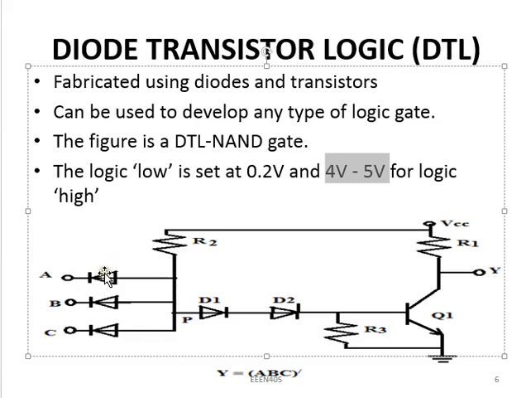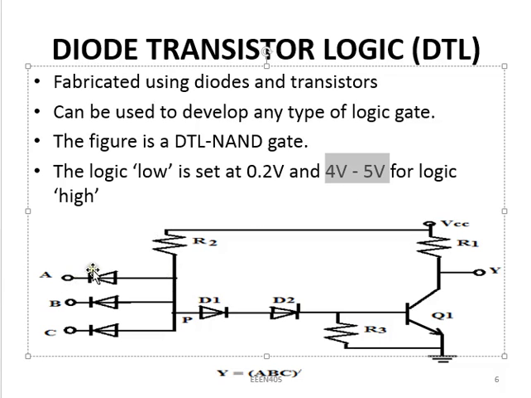We should remember that these diodes are expected to be silicon type diodes. Therefore they have a minimum voltage for them to conduct, that is the turn-on voltage, which is 0.7. Now when either A or B or C, or more than one or all of them are low, it means what comes here can exactly go to the ground.